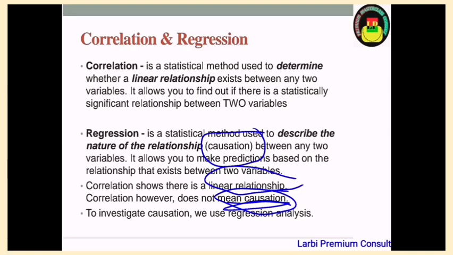So based on the previous information, they can make predictions. That's why correlation and regression statistics are very, very important.